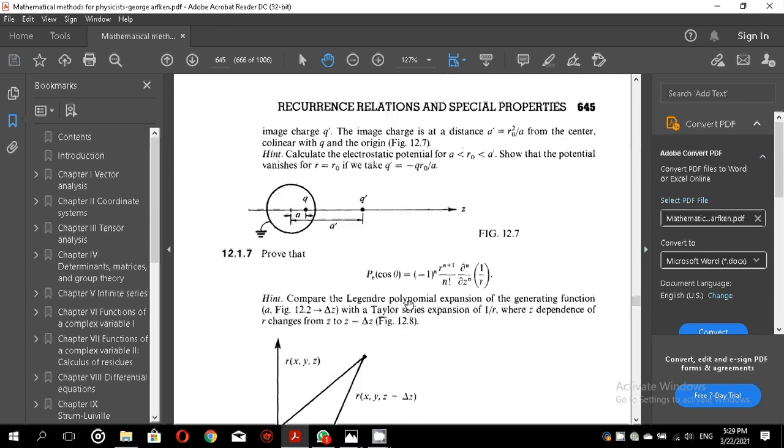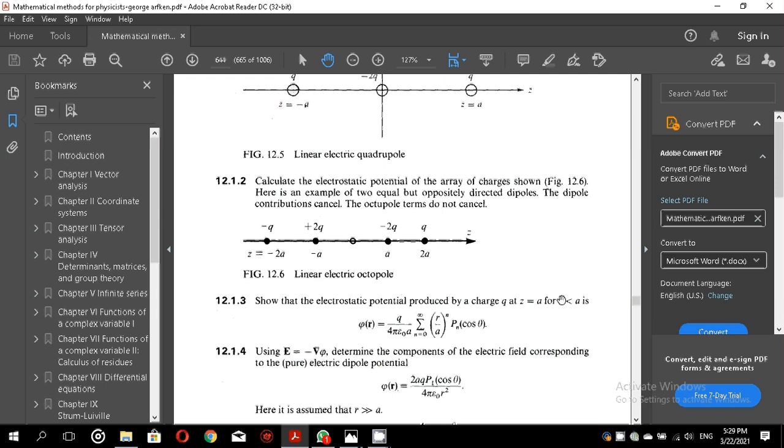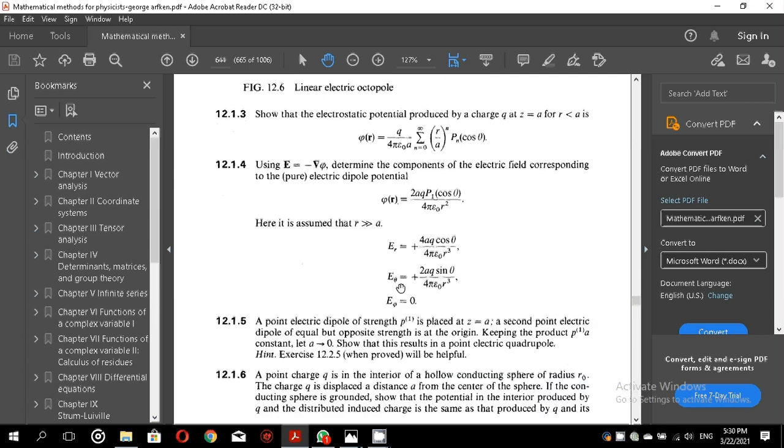Now this is a situation in which the distance of the point from the center of the dipole is much less than the separation between the charges of the dipole, and this exercise has also been solved in my notes, and you can go through my notes and solve this exercise and get this result.